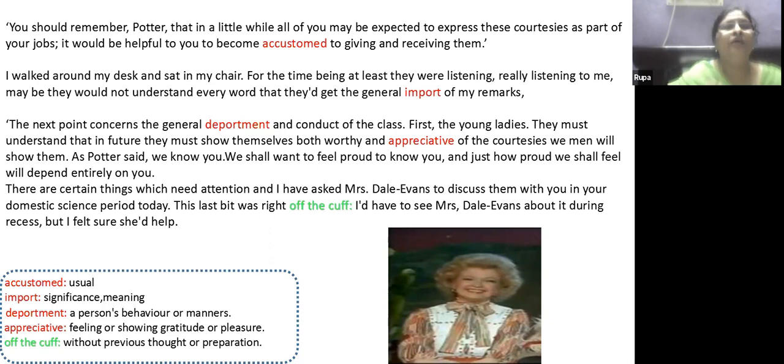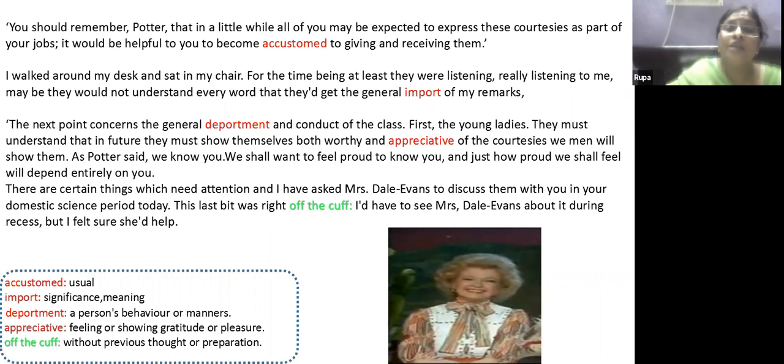He's telling that the young ladies must understand that in the future, they must show themselves worthy. Now we are giving them respect and addressing them as Miss. When we are showing that respect to them, those young ladies' responsibility is to show that they are also worthy of it.